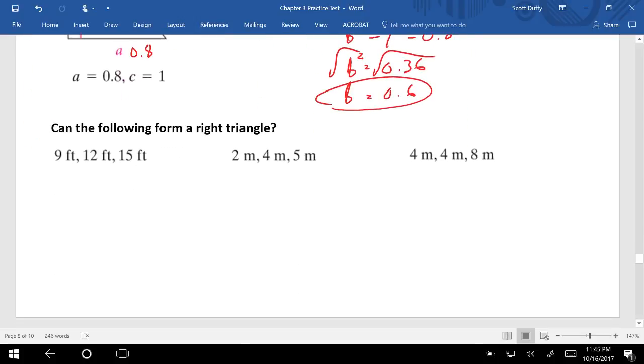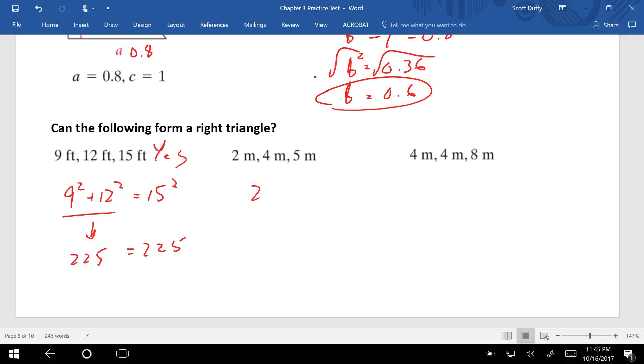Again, the following form a right triangle. So let's see. 9 squared plus 12 squared equals 15 squared. Is that true? 9 squared plus 12 squared is 225. 15 squared is 225. Yes. 2 squared plus 4 squared equals 5 squared.